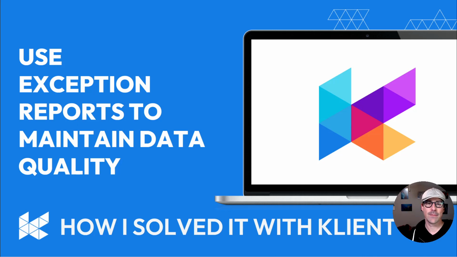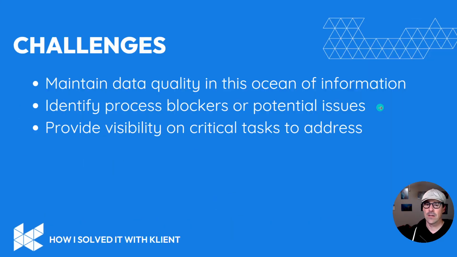Want to talk about exception reports now and how they are a key tool to maintain data quality in your system. We do have access to a myriad, an ocean of information these days. We are bringing everything on the same system, which is great. But how do we keep focus and how do we have access to key information that needs to be addressed right now?